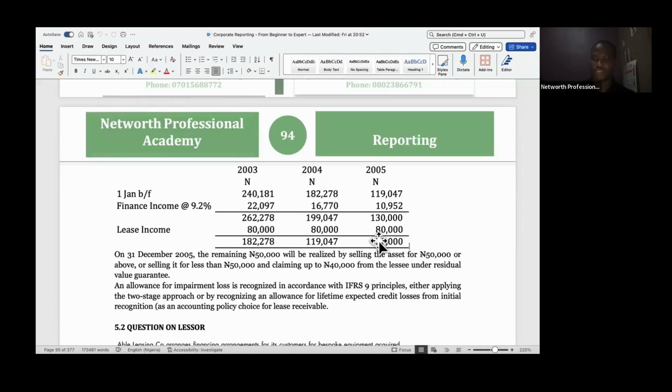However, this 50,000, if the lessor is able to sell the asset for 50,000, then fine, good. The transaction ends there.